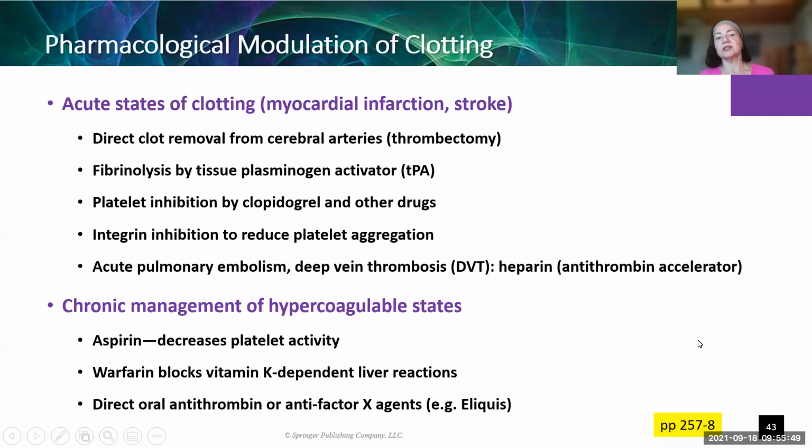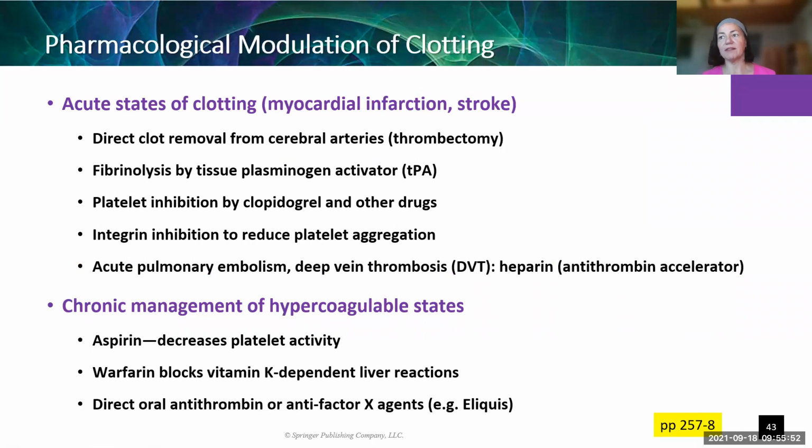Now, pharmacological modulation of clotting. If we have clotting that we don't want to have there, there's a number of different ways that this gets addressed. So let's separate it into acute states of clotting, like we've got a medical emergency right now, and then the chronic management of a patient who has hypercoagulable states. So there's direct clot removal from cerebral arteries, for example.